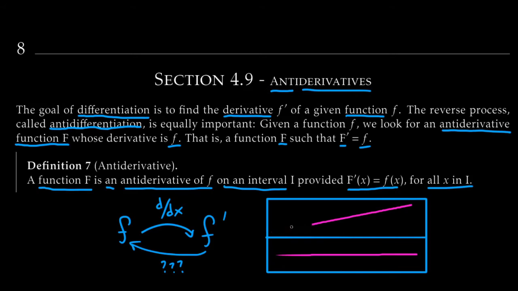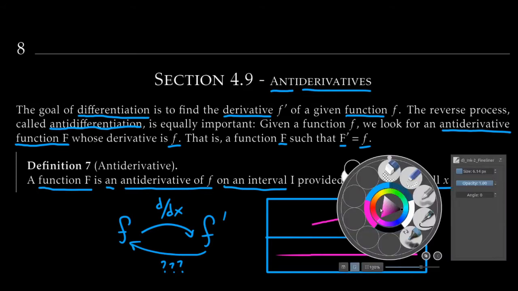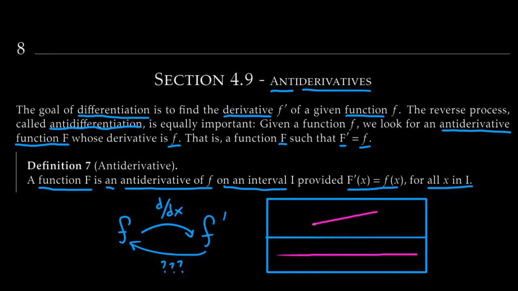It's totally possible to have a derivative only on a certain interval. For example, if I started to change things up past here, it becomes a wiggly function. Then on this interval, this guy up top is an antiderivative of this guy down low, but only on this interval I, on this little chunk.